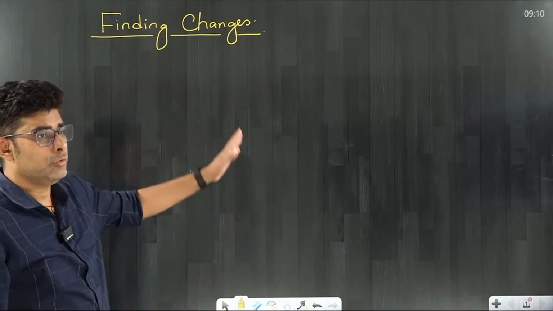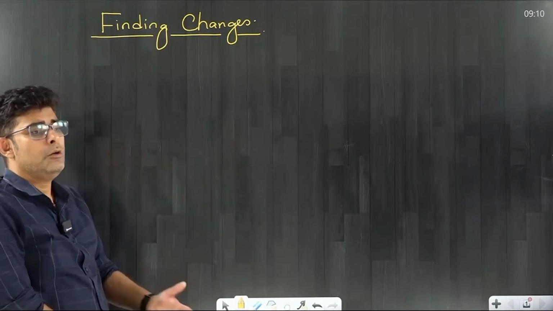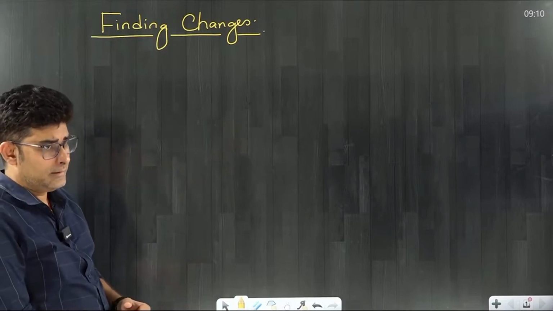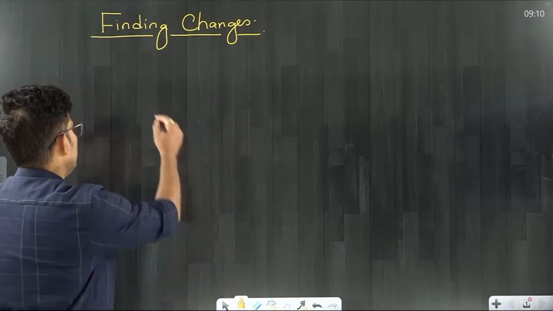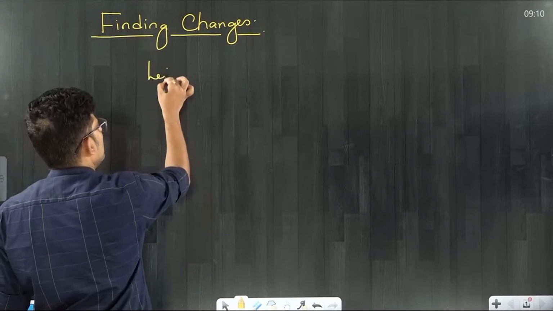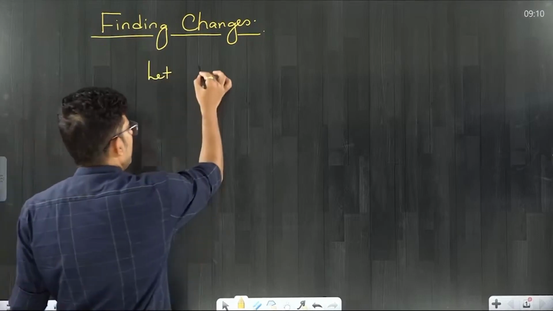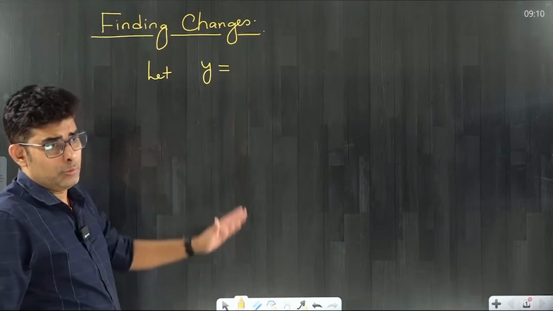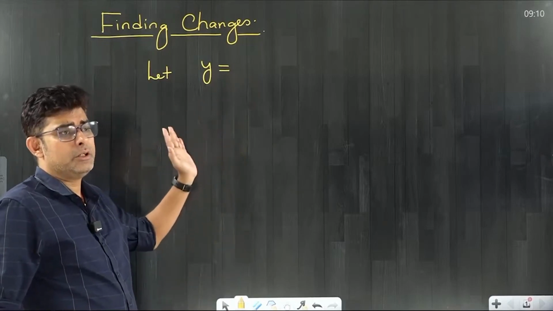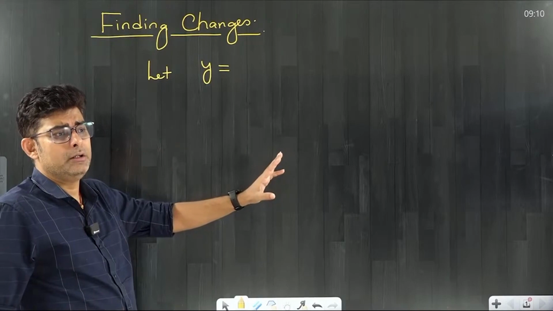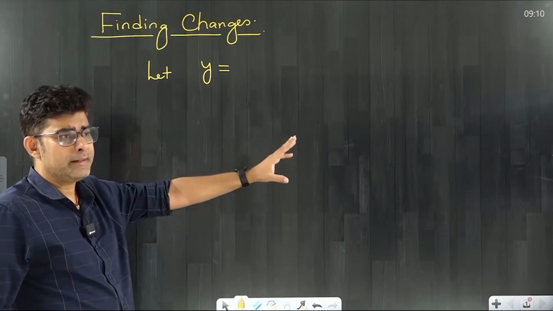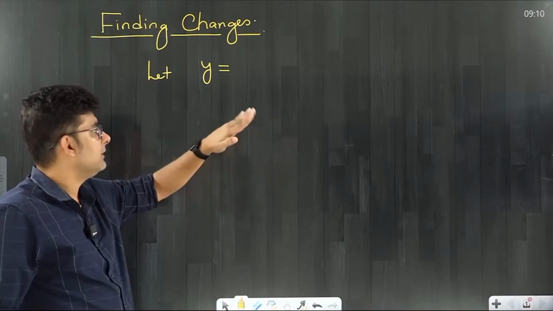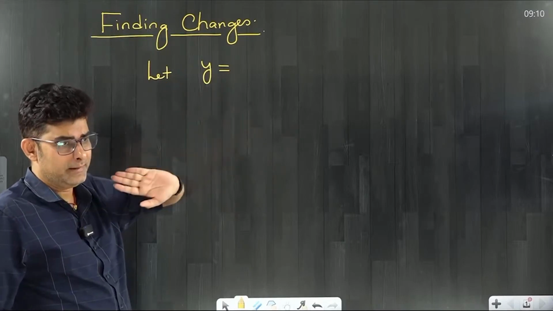Okay. So here when we talk about changes, suppose we say that there are two physical quantities, one I am naming as y and one I am naming as x. So if y, a physical quantity, is dependent in some way on other physical quantity x, such that if x is changed, y also continuously changes.